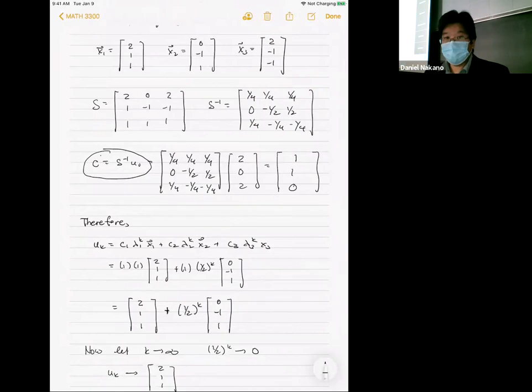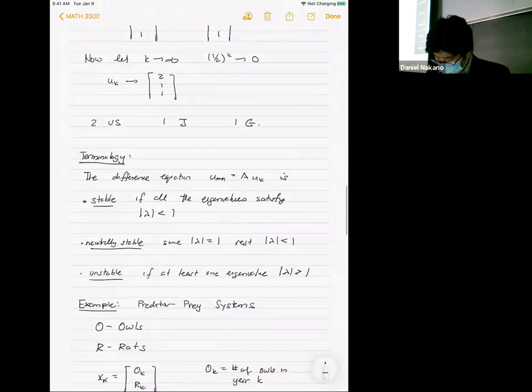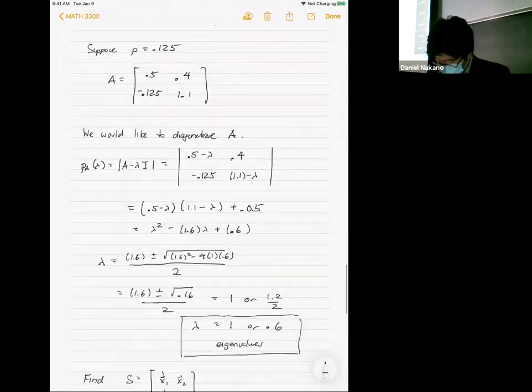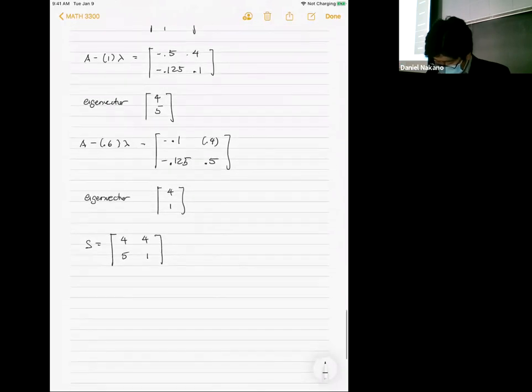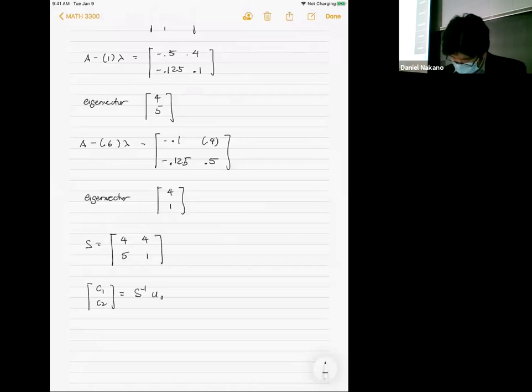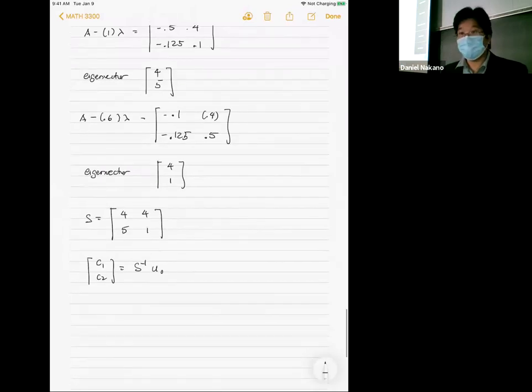So we have that C1, C2 is S inverse times u0. I didn't specify what u0 was.